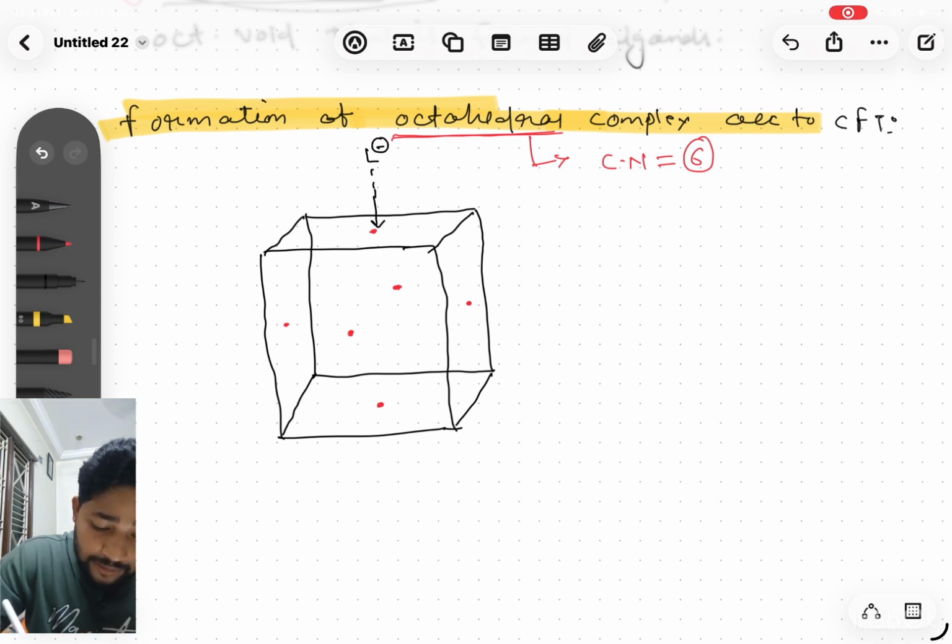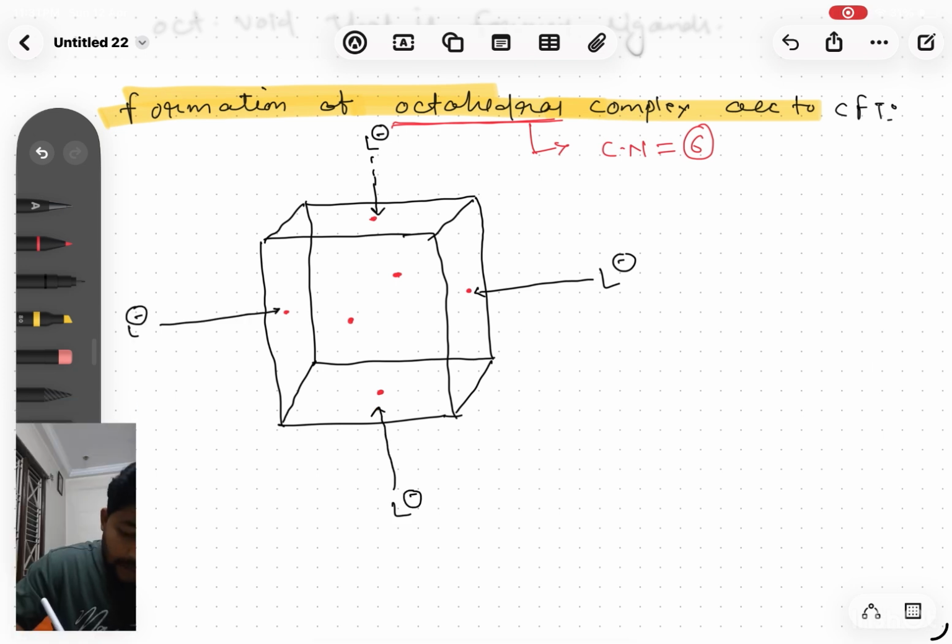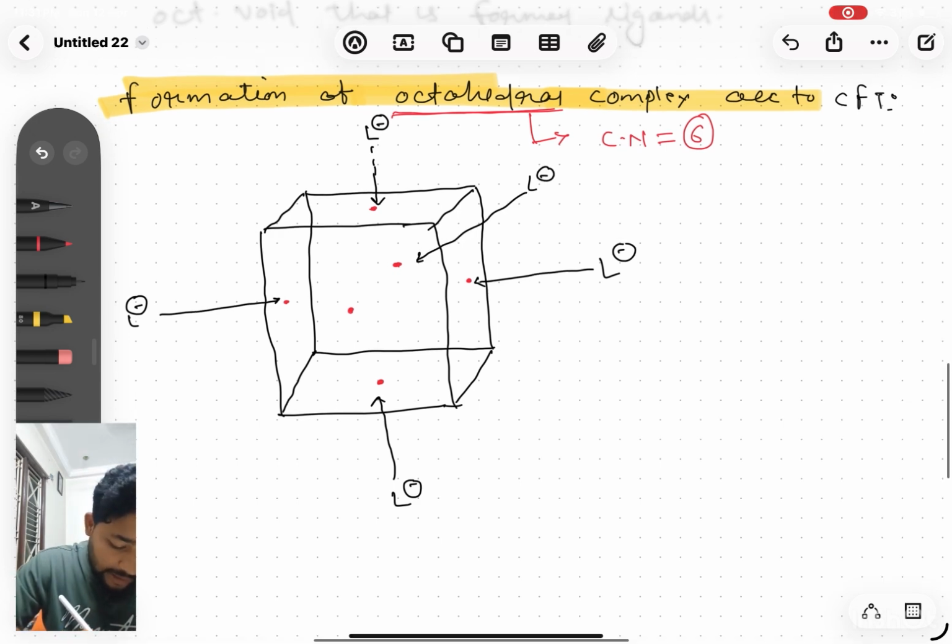Okay, that is the main thing we have to understand here. Okay, the six ligands approach from six faces. Here this ligand from this face, right? And here this ligand from this front face. Okay, understood or not?